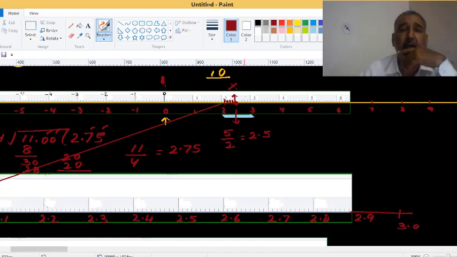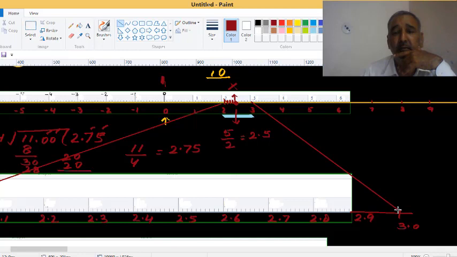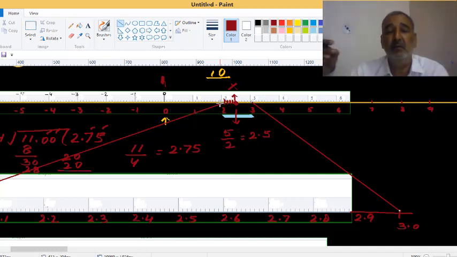Is it clear? This is called the magnification method. This 3 comes here on this number line. Sometimes in many books a lens is shown here. Simply we are expanding this line.